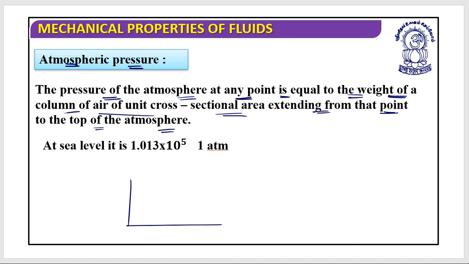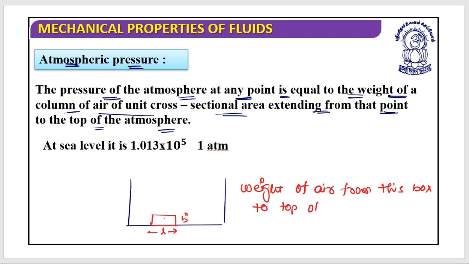So basically, if you want to find out the atmospheric pressure on this rectangle, you need to find out the weight of air from this box to the top of the atmosphere, divided by its cross-sectional area.